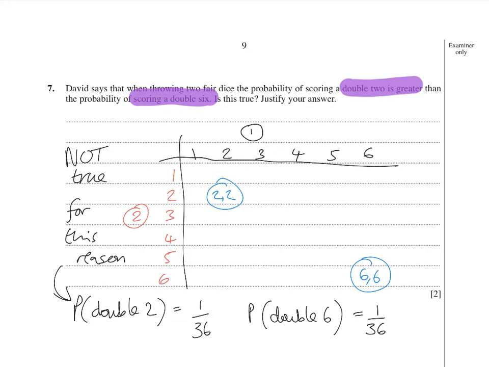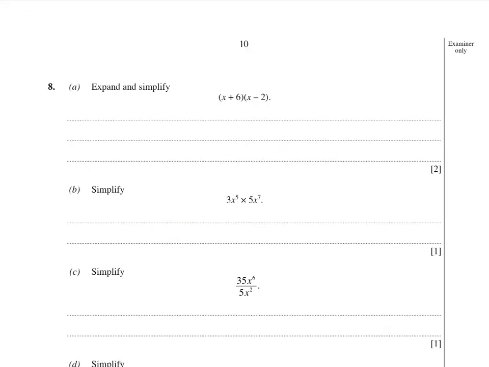Okay, so your first one here, number 8, you may like to use the word FOIL to help you remember how to do it. Basically, this x has to multiply both of these terms here, and this plus 6 has to multiply both of these terms here.